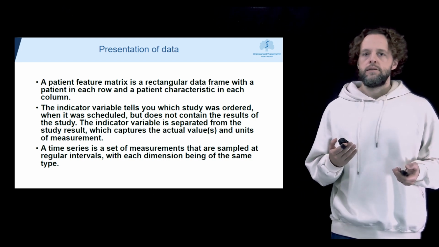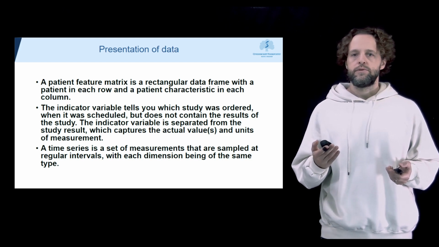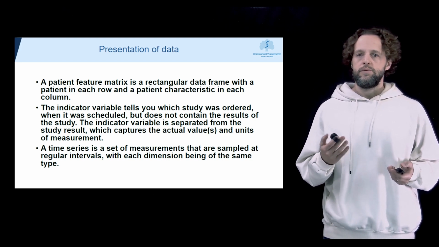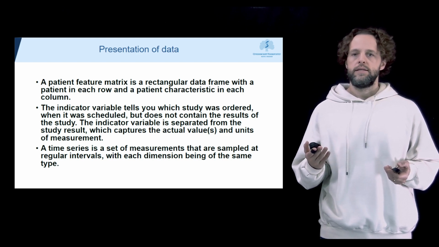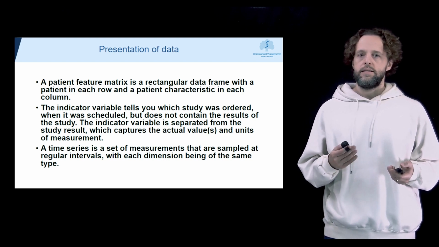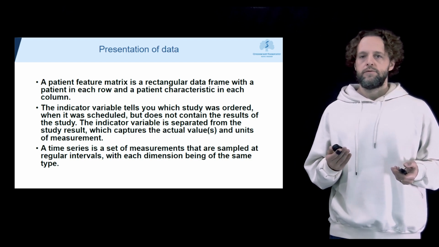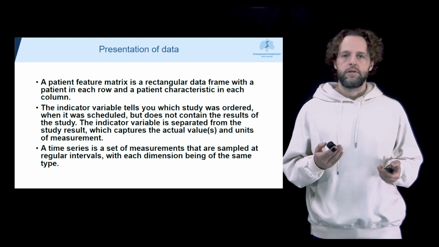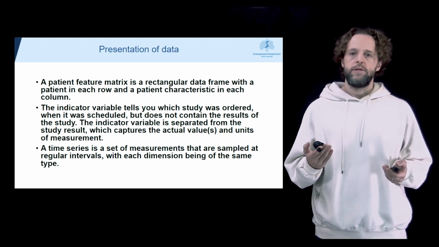The indicator variable tells you which study was ordered and when it was scheduled, but doesn't contain the results of the study. The indicator variable is separated from the study result, which captures the actual values and units of measurement.